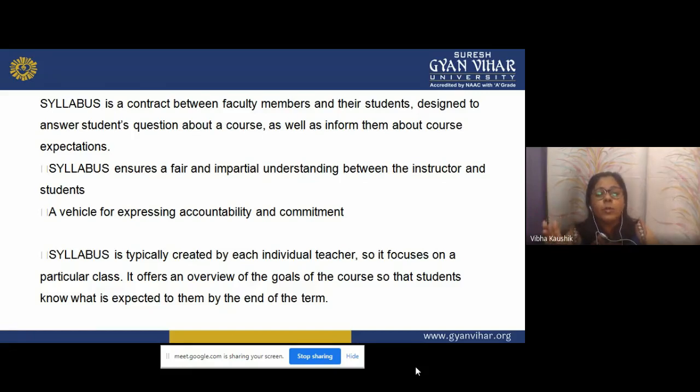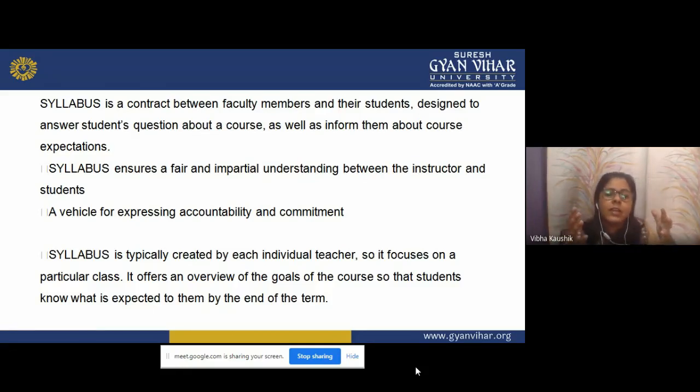It is vital for expressing accountability and commitment. A syllabus is a vehicle which expresses accountability, that after completing this syllabus the student will be able to learn that amount of knowledge and facts, and a commitment that a student will be able to learn that amount of knowledge and skills.